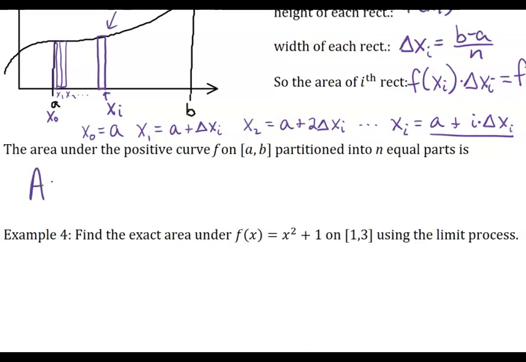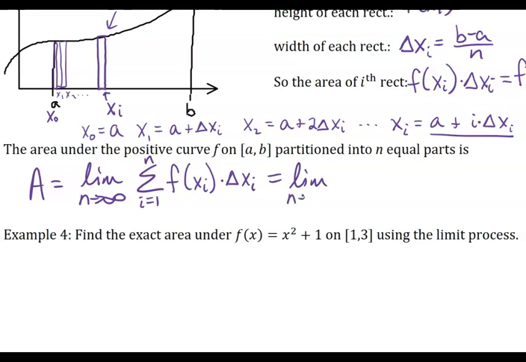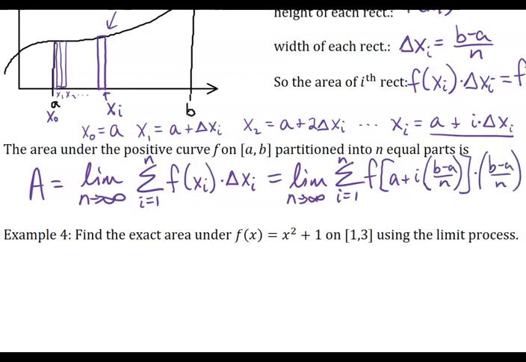So that area is equal to the limit as n approaches infinity, where n is the number of rectangles, of the sum from 1 to n of f of x sub i times delta x, or this is the limit as n approaches infinity of the sum from 1 to n of f of a plus i times delta x, times another delta x, which is b minus a over n.